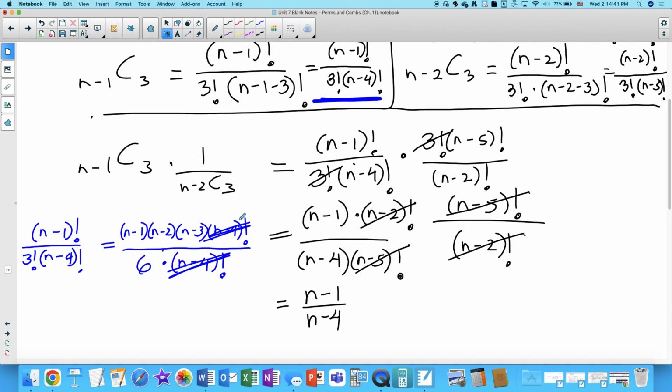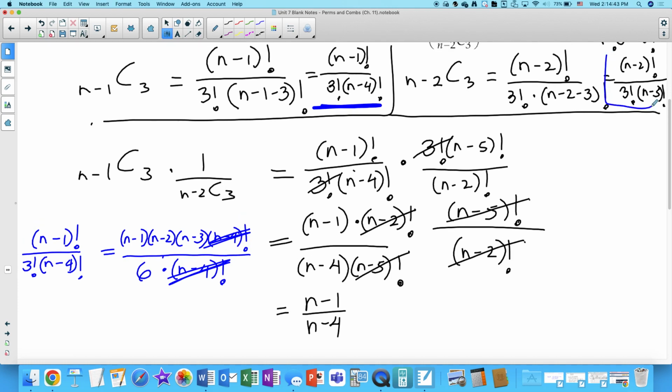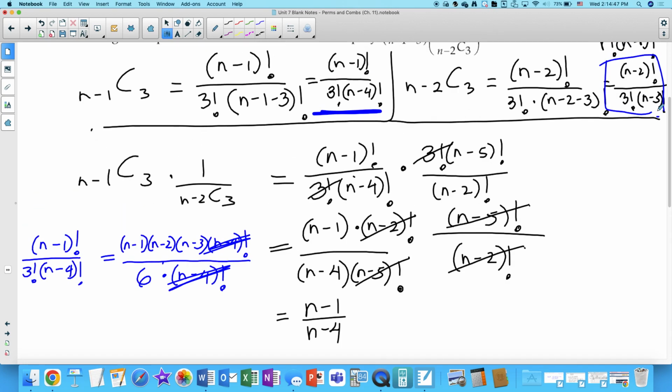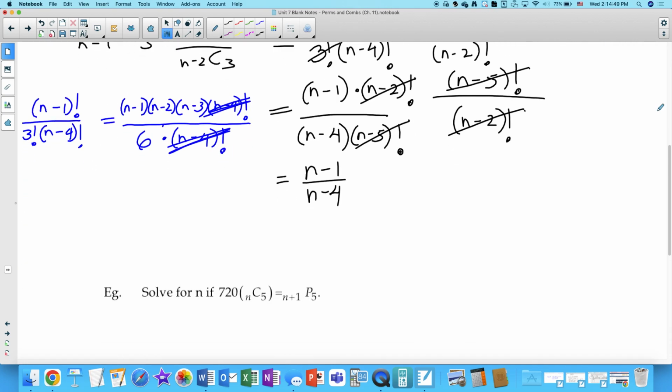And then take the second one, this guy, and simplify that one as well. Right? So if I take this one, that's n minus 2 factorial over 3 factorial times n minus 5 factorial. I'm going to do the same thing. So I'm going to start expanding one of the factorials until I start to see the other one, because I know from that point on they'll cancel.